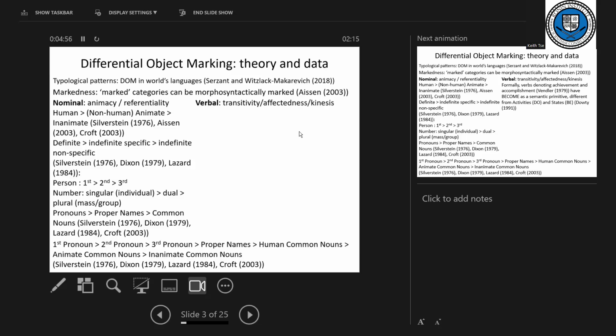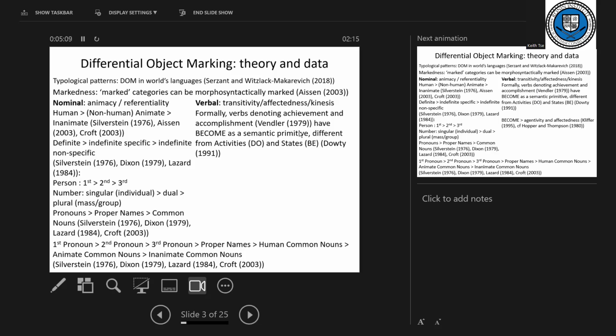In the verbal domain, people have also shown that the more transitive a verb is, the more likely it is to display DOM. Transitivity is defined here according to affectedness. If we analyze verbs in terms of semantic primitives, achievement and accomplishment verbs critically have this component called BECOME, because these types of verbs cause change in the object, so the object becomes something else.